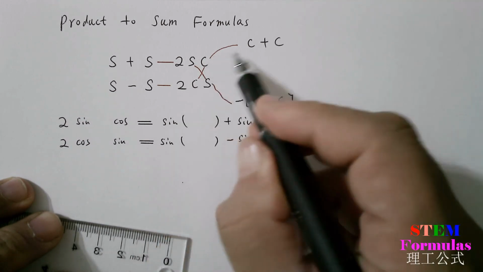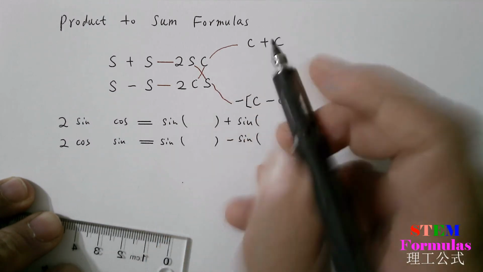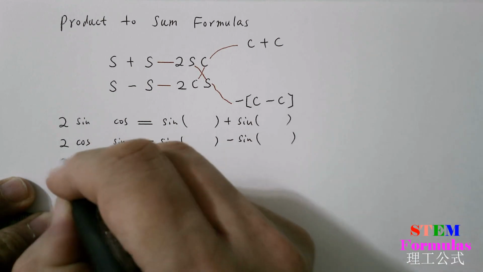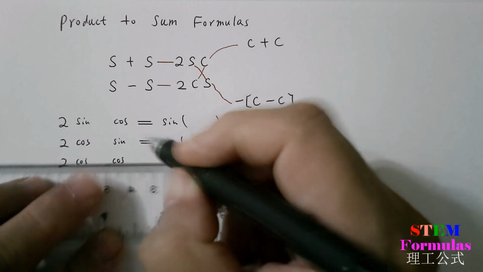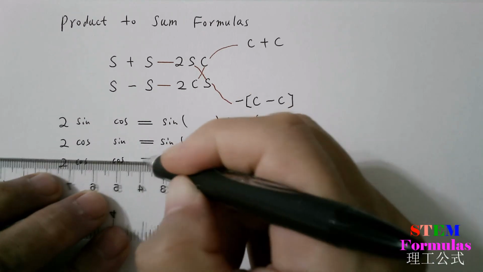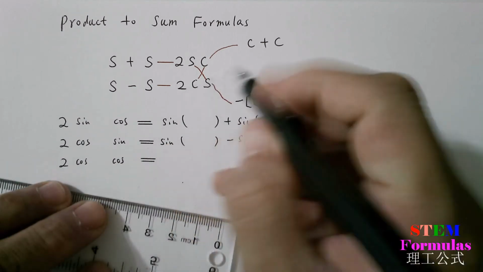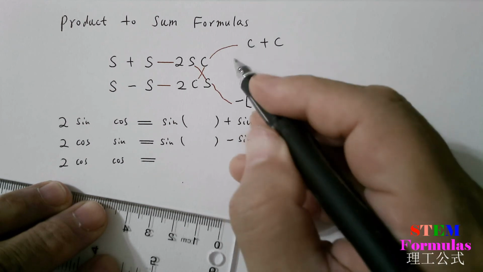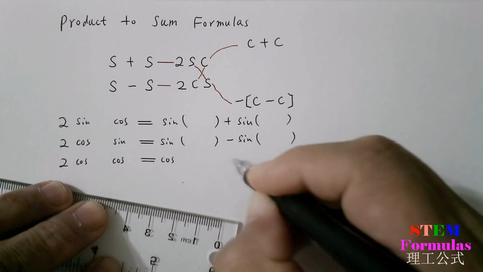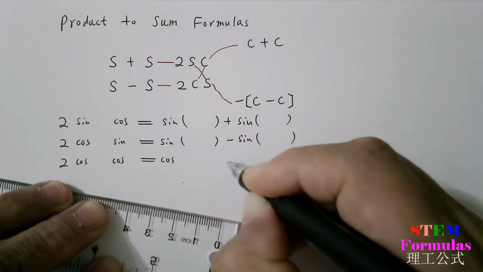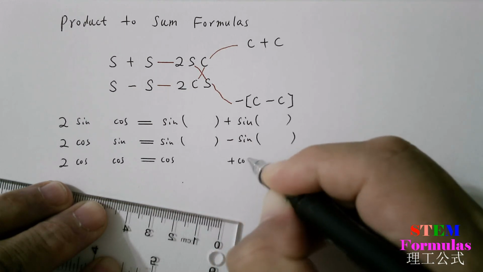Two cosine cosine equal to cosine plus cosine.